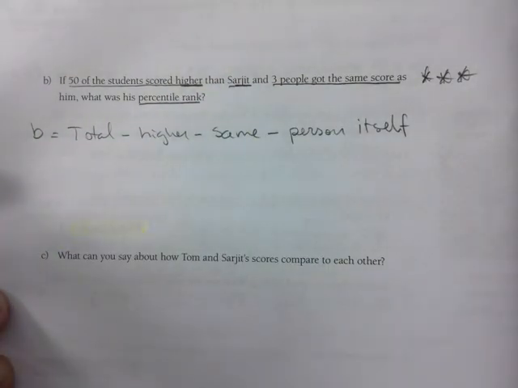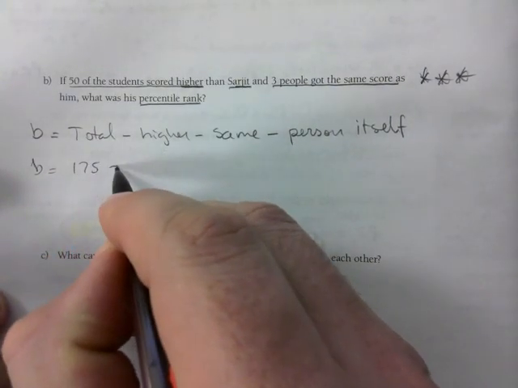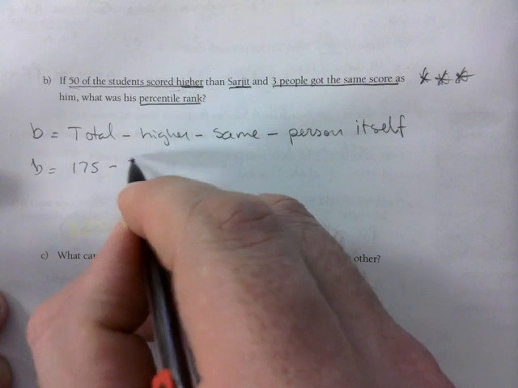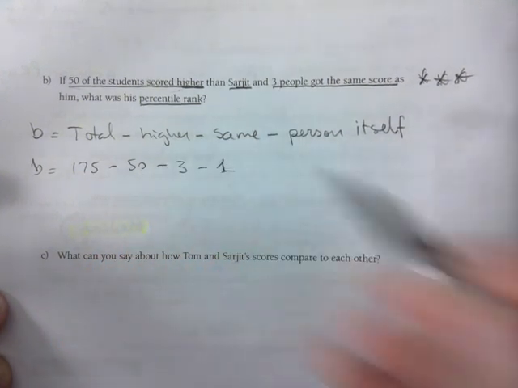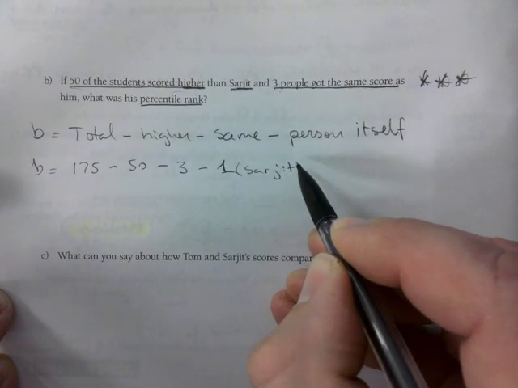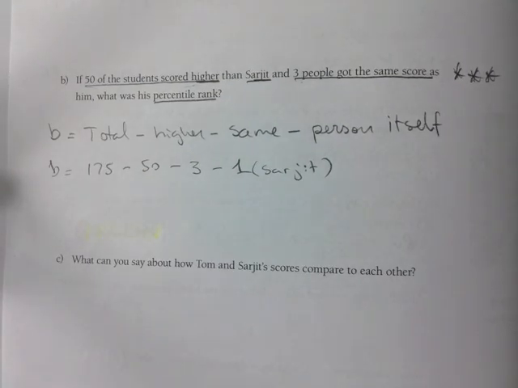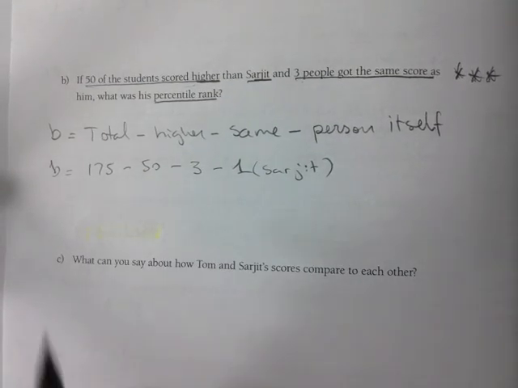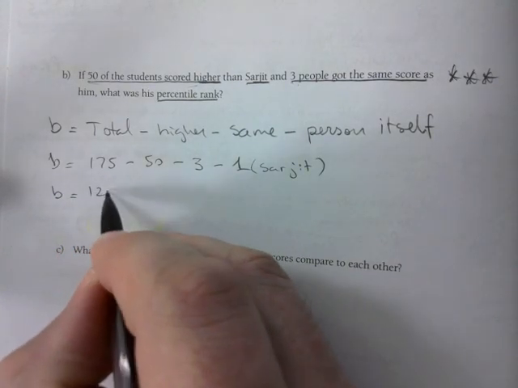So B is equal to, you're with me? 175 minus 50 scored higher, 3 scored the same, and then we have to take Sarjeet off as well, because if you want below, then the value itself has to be removed. So B is going to give you 121.